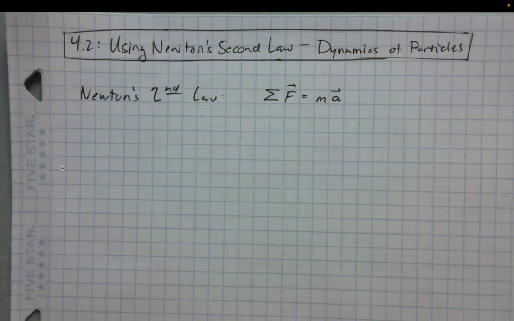And this will be the central idea that we'll make use of in the coming handful of examples. Now, in this section we're going to be dealing with bodies that are not in equilibrium, so bodies that are experiencing some kind of acceleration.